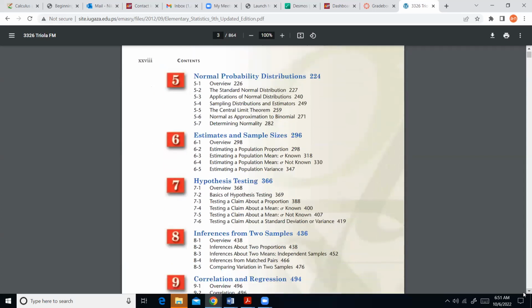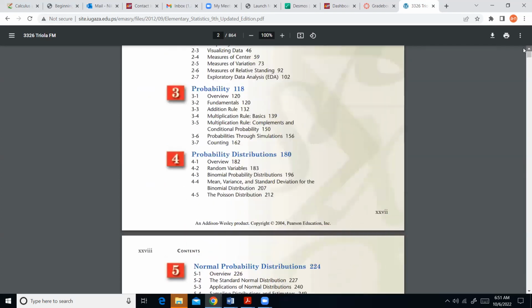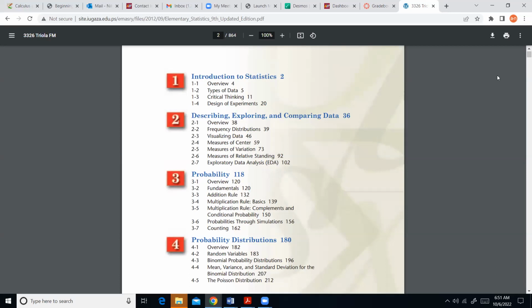So chapter 7 will be our last chapter here. So that's the plan, and that's how we're going to proceed after the midterm exam, which I actually call Test 1 because it covers chapters 2 and 3 here.